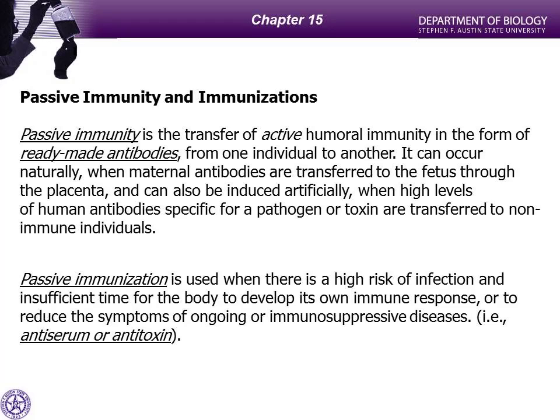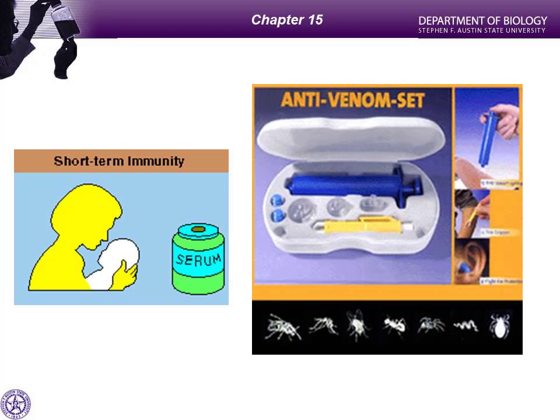You're getting antibodies that were made in some other mammalian species. They're going to inject you with those antibodies so the antibodies can bind the toxin and the toxin's not free to do damage to your body. That is passive immunization, getting ready-made antibodies. So mom can provide it to the baby, or the doctor can give you a shot to provide it.